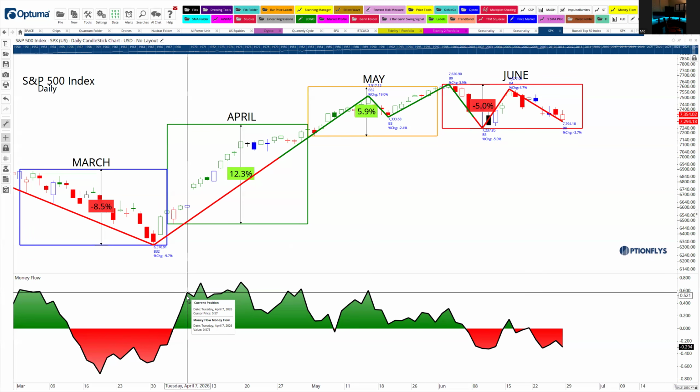And then job reports, CPI, PPI, and 2 weeks from there, a full earnings season is going to start. So in the next 2 weeks, we're entering a new earnings season. You know how the earnings season goes.